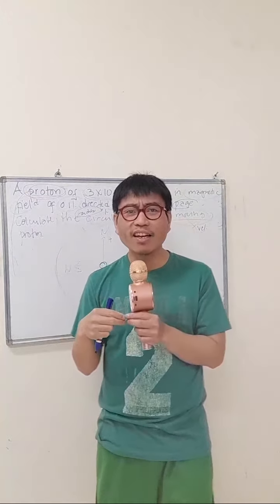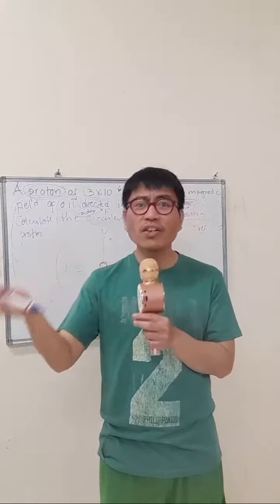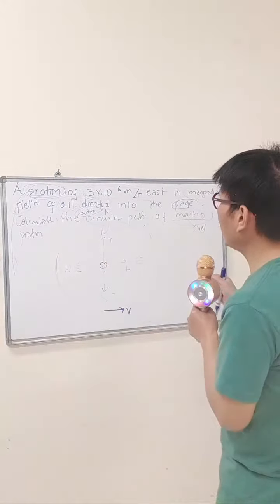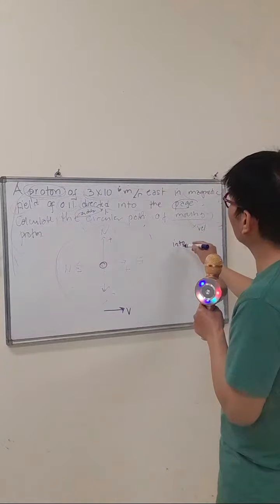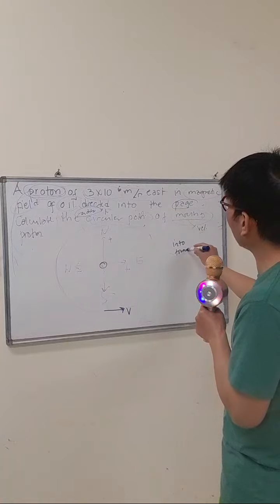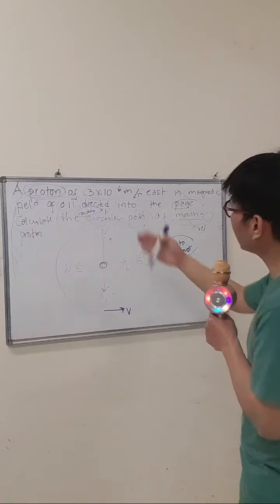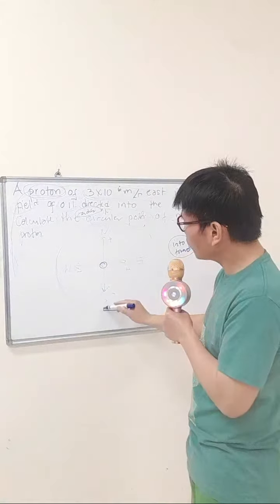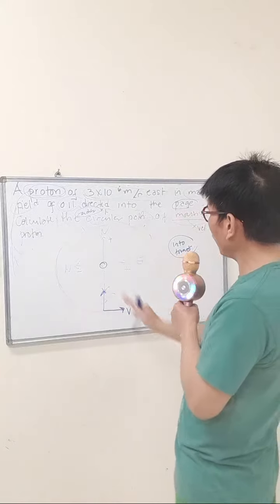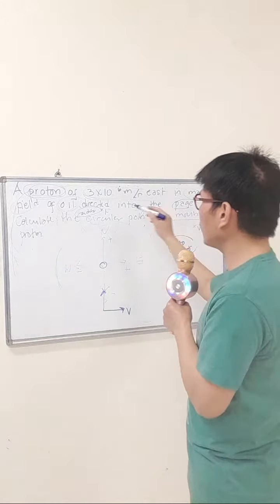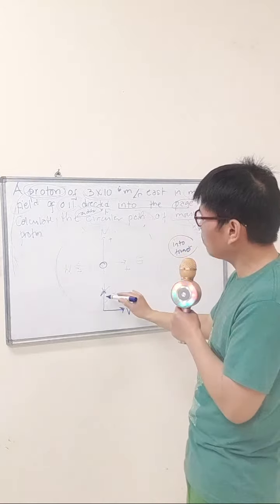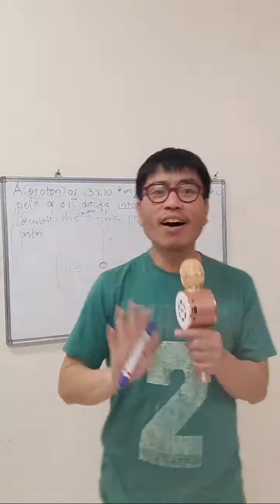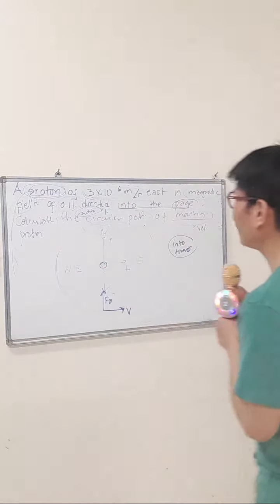Into, or to, or towards, this will help in analyzing the problem. Into means going there, so your magnetic force will be going to the center of your consideration. So this is into the page. Magnetic force will be into the page, meaning FB, Facebook. Sorry, magnetic force only. Get the point?